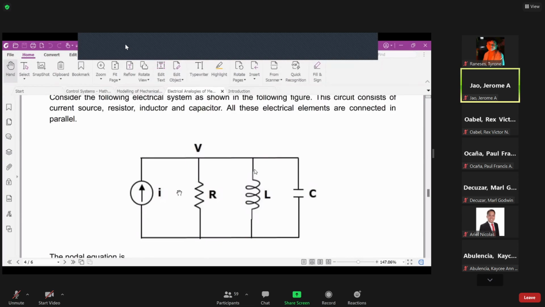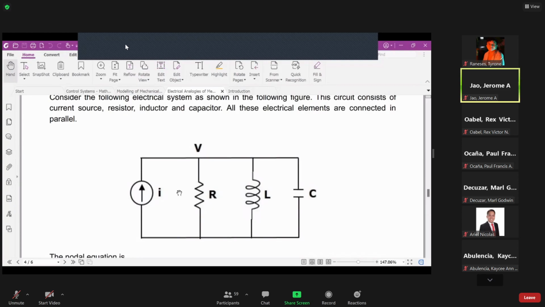However, when we analyze in a force-current analogy, we need an electrical system with all the electrical elements in parallel. When all the electrical elements are connected in parallel, the voltage across all of them is the same, equivalent to your voltage input. However, the current is divided into different nodes or different branches.